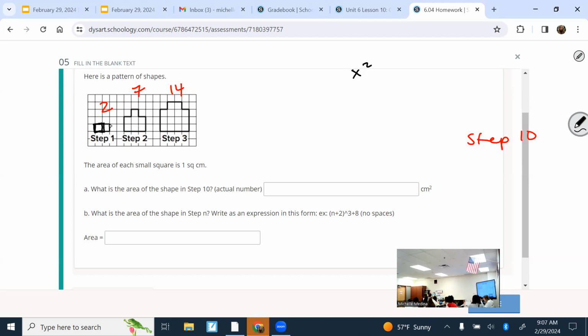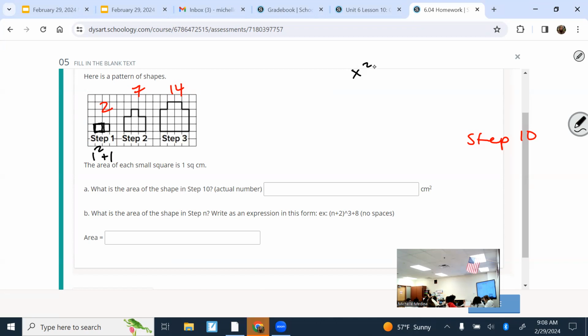So let me see if I have them. But in this one, I'm seeing like a single square could be 1 squared, which is 1, and then to get 2, I could add 1.